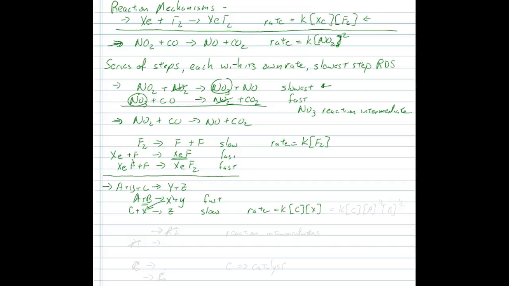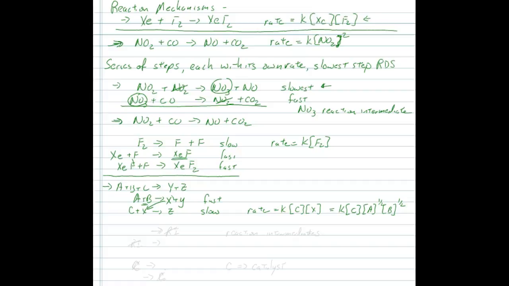In this case, using math from the next chapter that we don't know yet, you can find that the rate law is k, concentration of C, concentration of A to the 1/2, times concentration of B to the 1/2. Again, it is possible to have fractional exponents for rate laws. You're not going to be responsible for that.